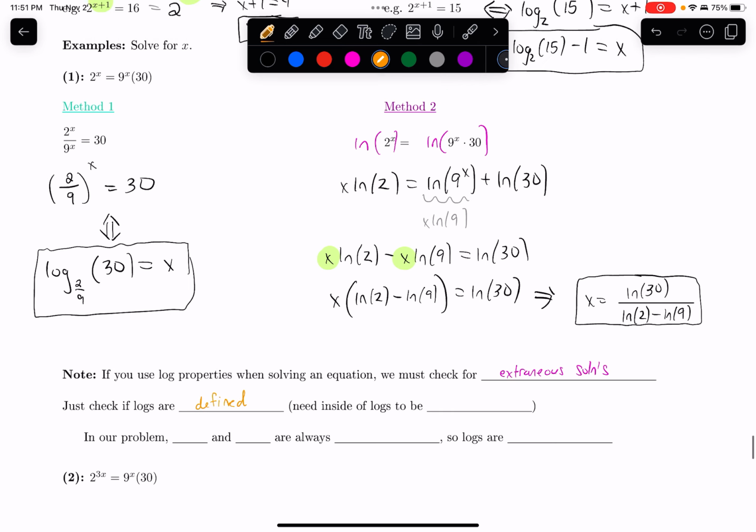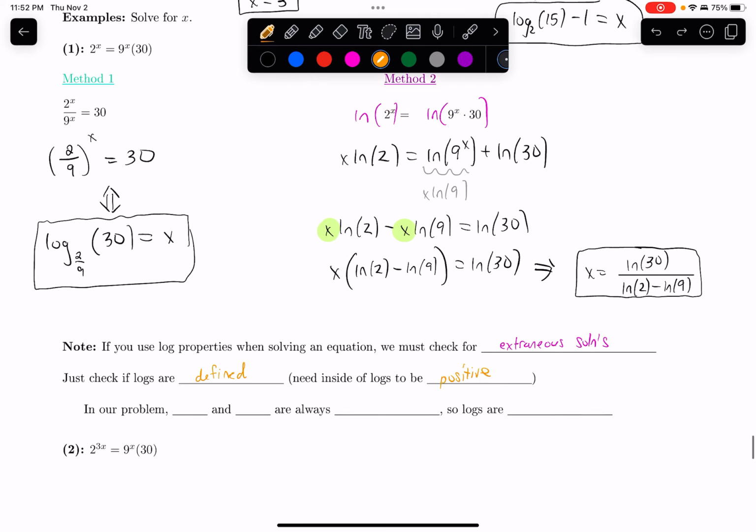For a log to be defined, I need the inside of my log to be positive. So whatever is inside of the log, whether that's the 2 to the x or the 9 to the x times 30, when I plug back in for the x's, I need those things inside of the logs to be positive. Then my logs are defined.